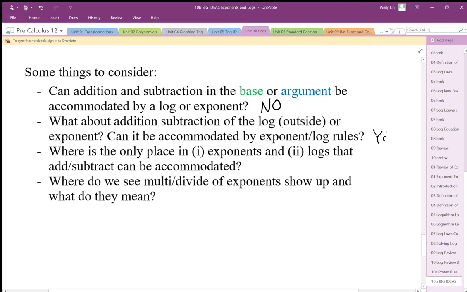That is what our log rules are, but that's on the outside, outside the log or the exponent form. So where was the only place that add and subtract can be accommodated? It's when we have the exponents in the log form, either in the log form or in the exponent.